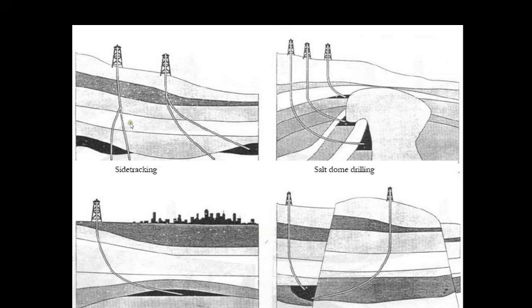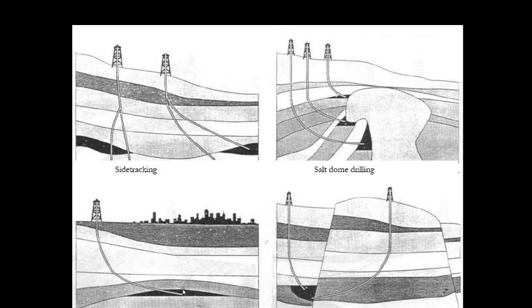You can do sidetracking, where you have one initial well and then you branch to hit different parts of the reservoir. You can have salt dome drilling, where you have different wells reaching different portions of the reservoir. You have fault controlling, where you have one well designed to pull the oil out and another well which holds the fault steady.